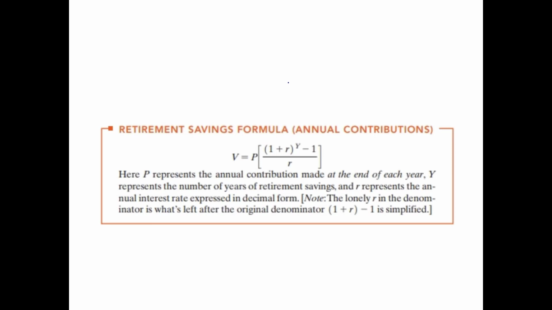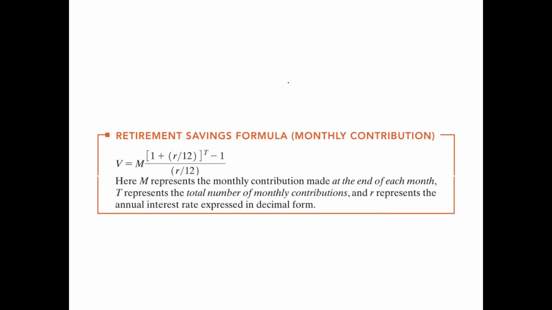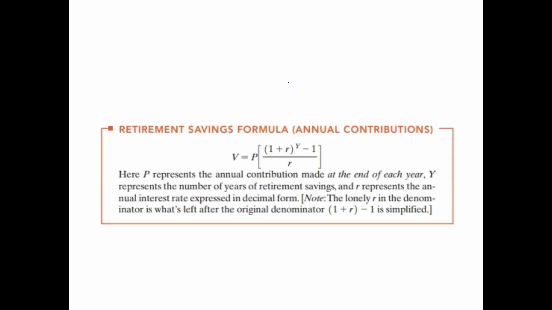It's very similar to the formula you had before. I'm sorry, that was the same formula, right? So looking at this formula, your exponent here is y. That's the number of years, but you're not going to make a deposit every year necessarily. You might make it every quarter or every month, maybe every day.